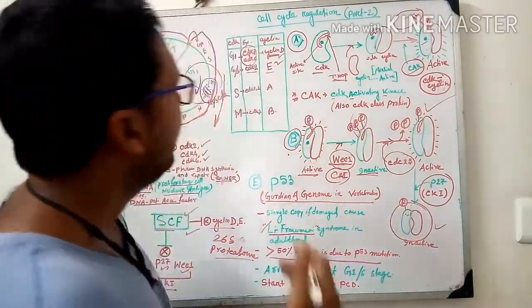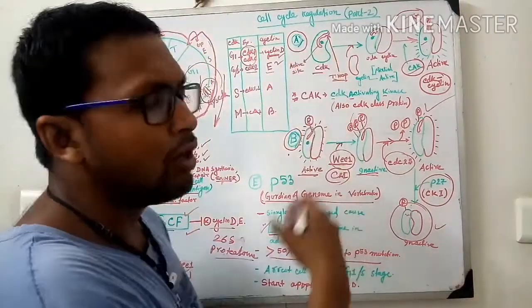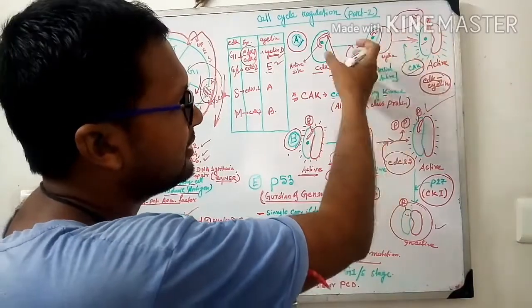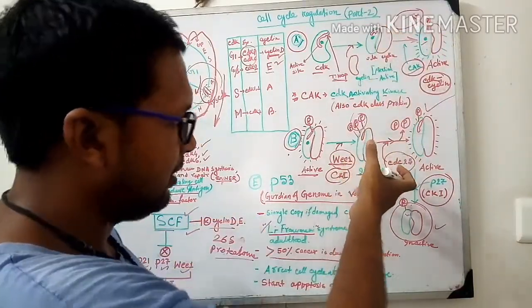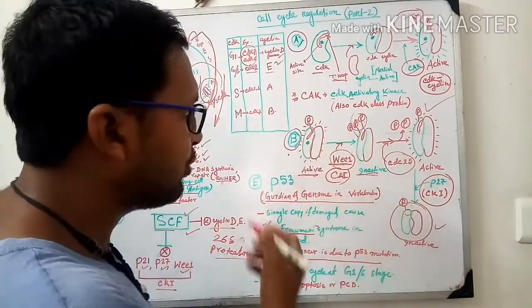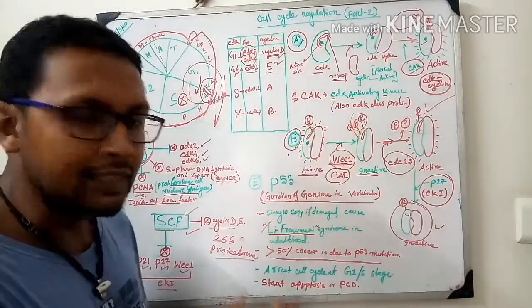So here I have discussed what CDK is, how CDK becomes activated by cyclin, and what the friends of the CDK cyclin are, the CDK activating kinase. The enemies, which inhibit the CDK cyclin, are P16, P27, P21. These are the inhibitors of the CDK cyclins.